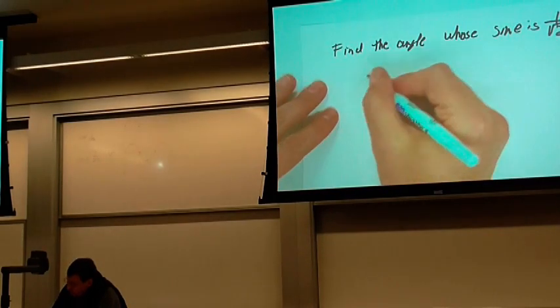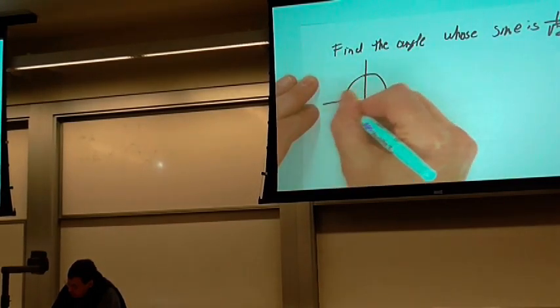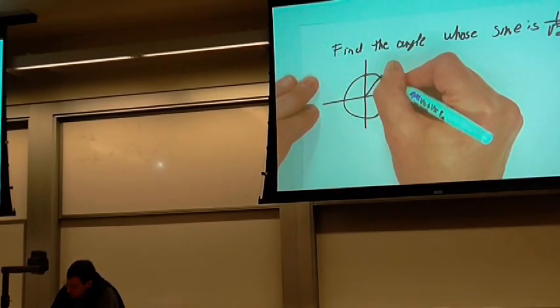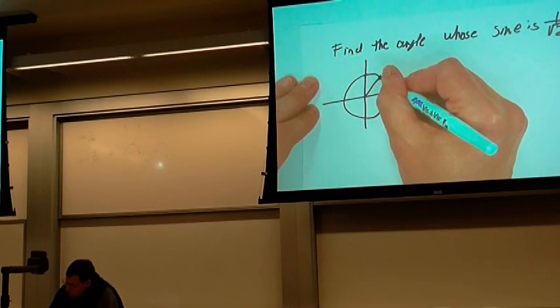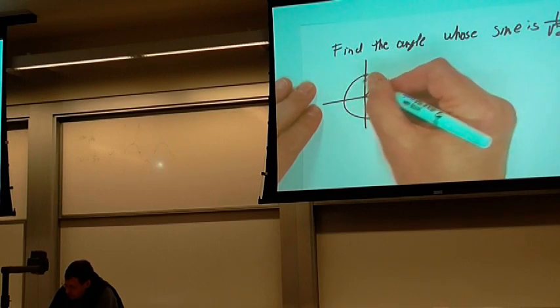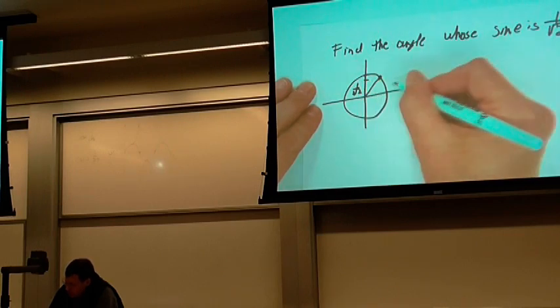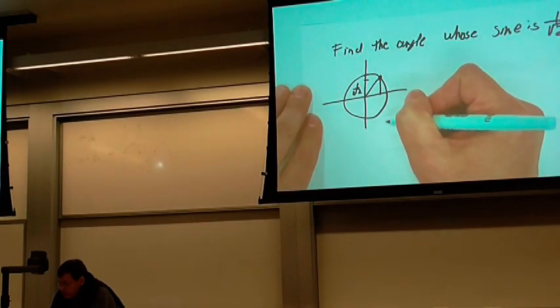Okay, so we're looking for some angle whose sine, its y value, is 1 over the square root of 2. Well, you should identify that immediately.